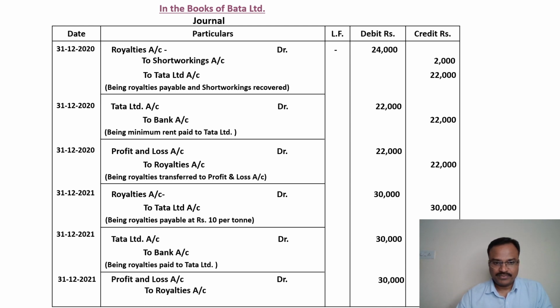So here profit and loss account debit to royalties account 30,000, and the narration is being royalties transferred to profit and loss account. Okay, so in this way we need to pass journal entries in the books of lessee. And the entries get repeated every year, right?